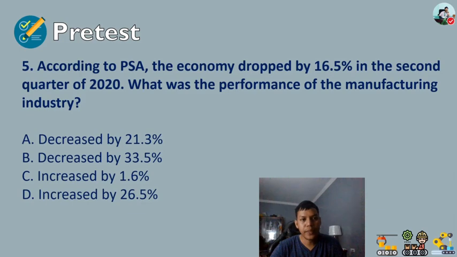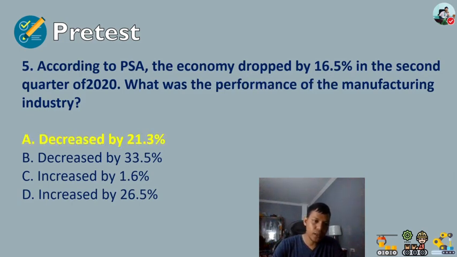So the performance of the manufacturing industry increased by 21.3%. Please count your score, and again, I would like to congratulate those students who got a perfect score.